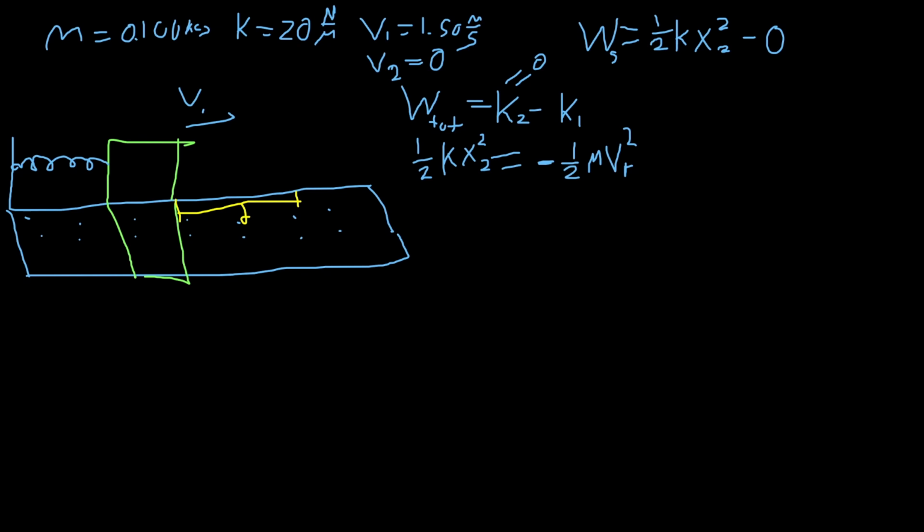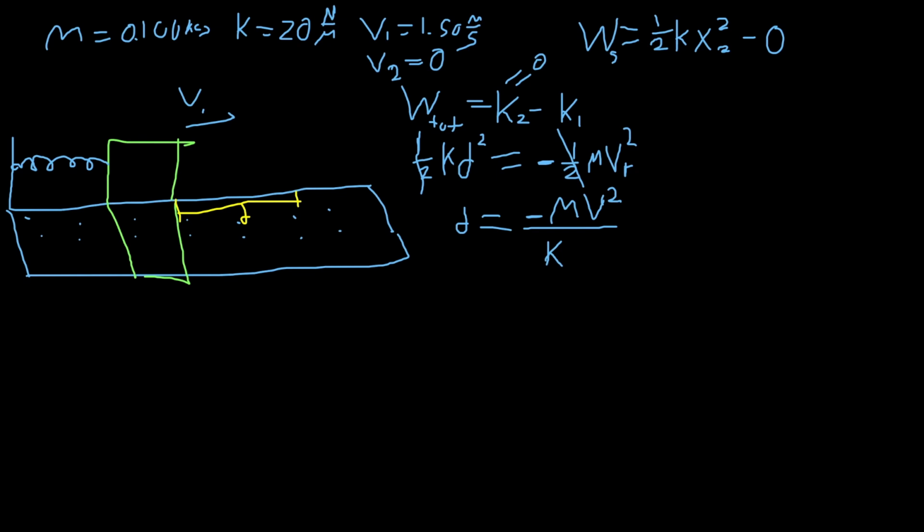And what we're trying to find is the distance d, which is the x value. We'll replace that with d so we can get an idea of what we're looking for. We're trying to find d. So we can just cross these out because they're going to be the same here. And then we have d equals negative mv squared over our force constant.